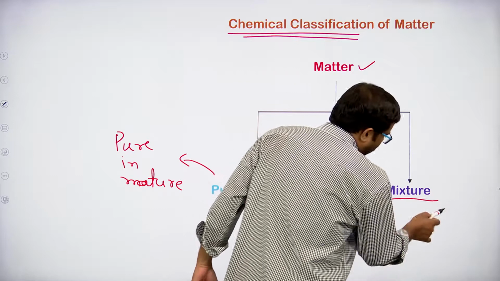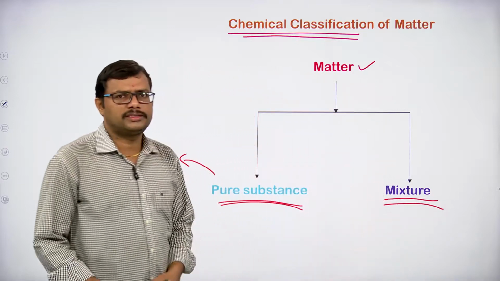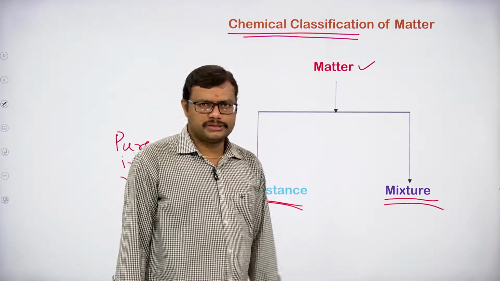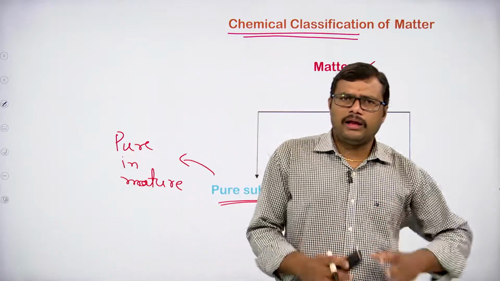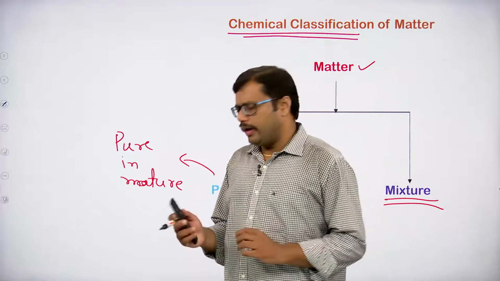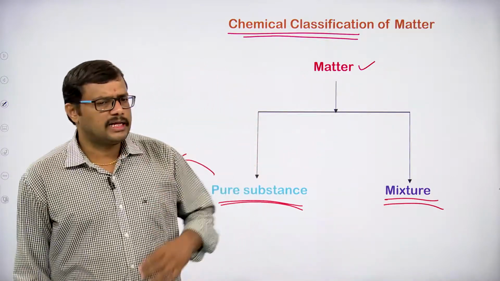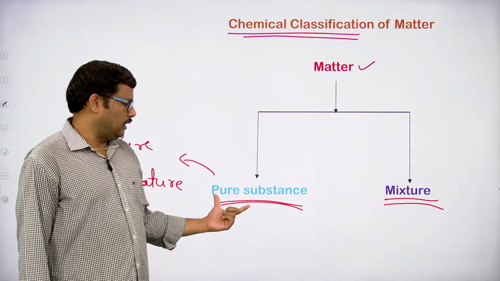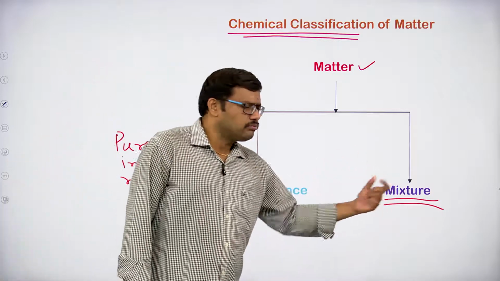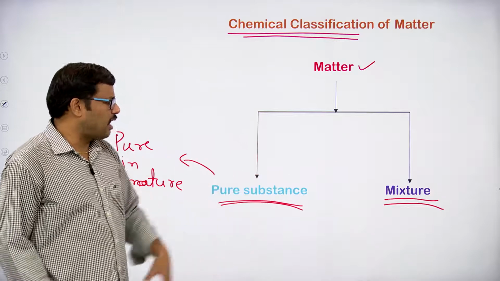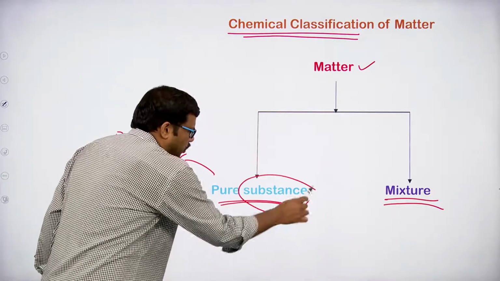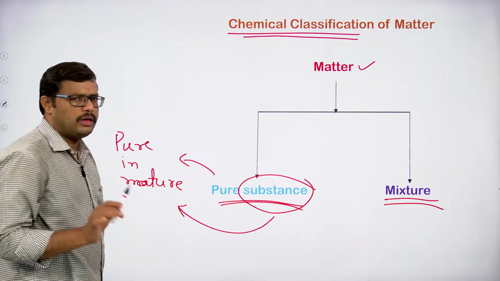So, the other chemical classification of matter is mixture. It is very clear that on chemical basis we can classify matter into 2 categories: one is pure substance, the other is mixture. Pure substance means the chemical compound is pure in its nature.